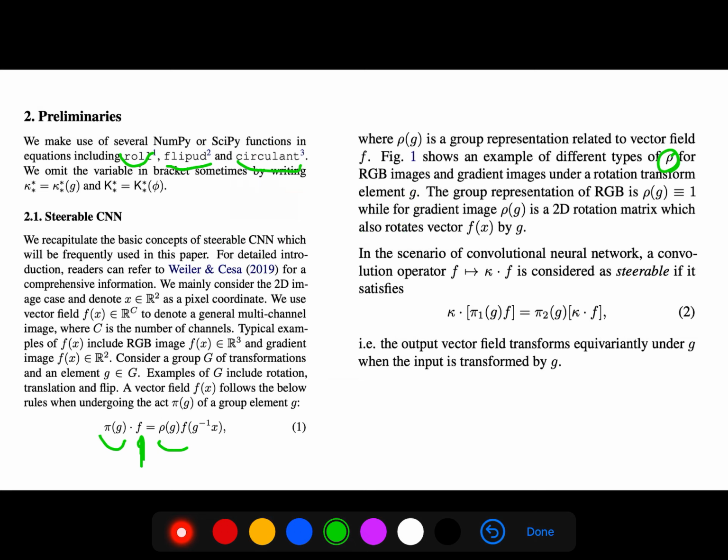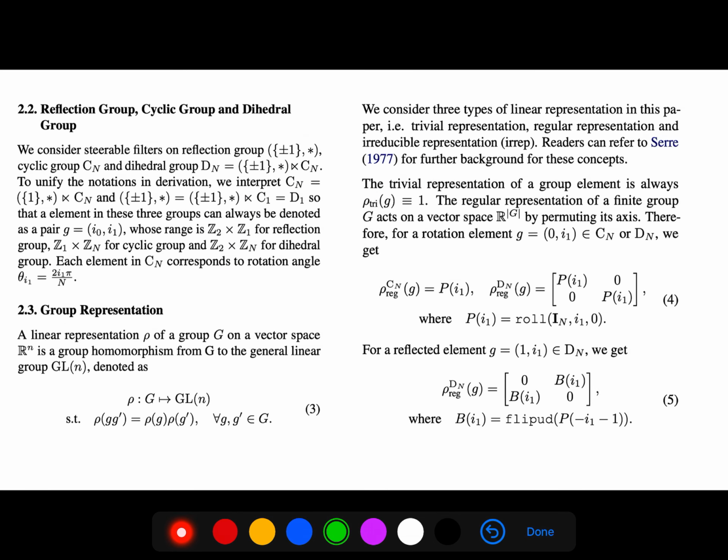In the scenario of a convolutional neural network, this is the convolutional operator. If you convolve and then rotate, it's like rotate and then convolve. So they have a different group representation. When we say group representation, it means a map from your group to the general linear group of n, for example n by n matrices, such that this satisfies the homomorphism property for any two elements inside a group.